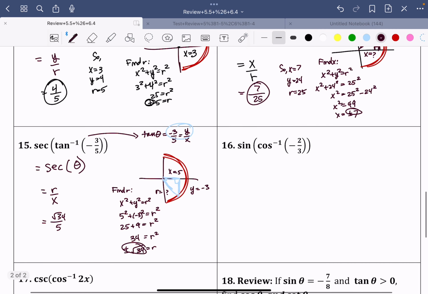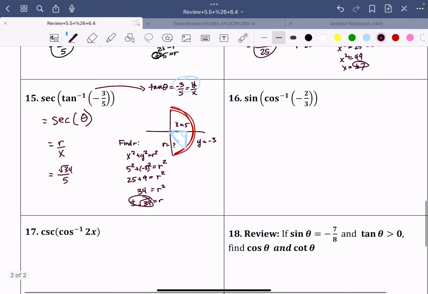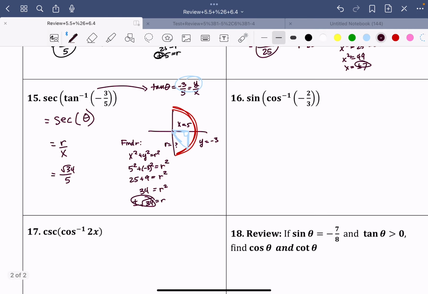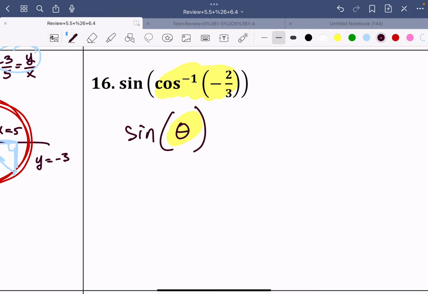All right. Let's do some more. Oh, that's so interesting. We didn't do that one. Okay, so cosine inverse of a number is going to give me an angle, and then I need to find sine of that mystery angle. So this in yellow is just telling you that the cosine of my angle is negative 2/3.